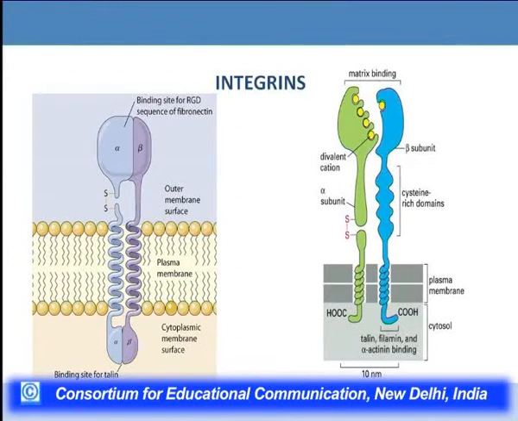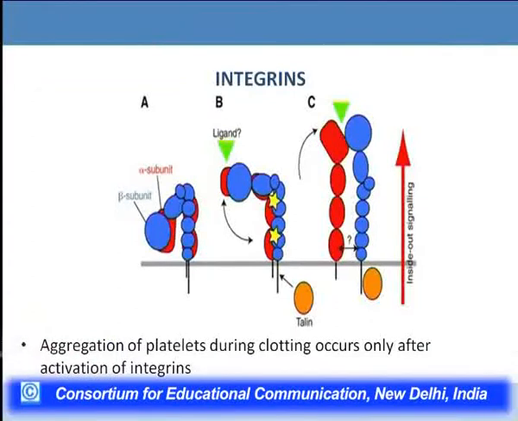But if there is a signal from inside which separates the two tails of the alpha and beta integrin molecules, then this molecule stands upright and it can bind to a ligand which is present in the extracellular matrix. This type of signaling is known as inside-out signaling, as we'll be seeing in this particular panel.